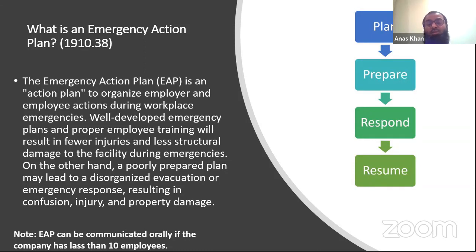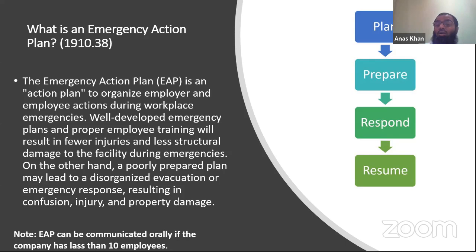So the first step is to identify possible emergencies, and then to develop the plan for these emergencies. How to plan for these emergencies: who are the responsible persons, how we are going to announce that this is an emergency, how the people are going to evacuate, who will be the firefighting team, who will be the rescue team, who will be the first aid team, who will be the emergency commander, right?